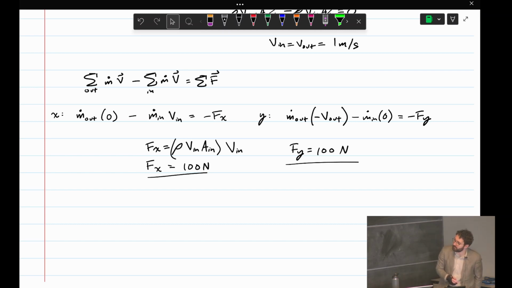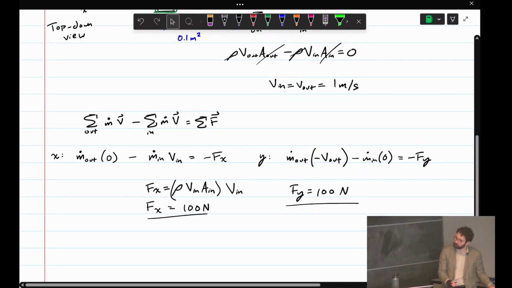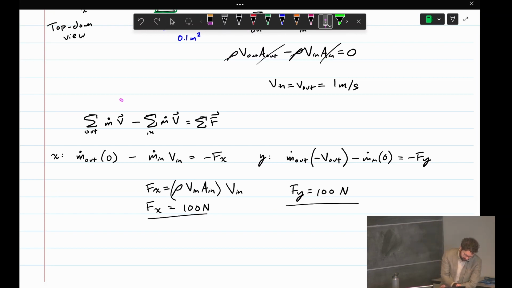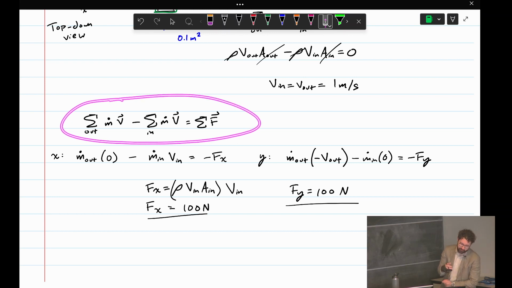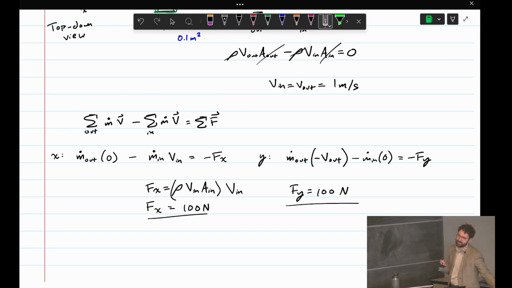Yep. So this equation here is derived considering the sign of the n. So you don't have to worry about the sign of the n if you're using this equation here.